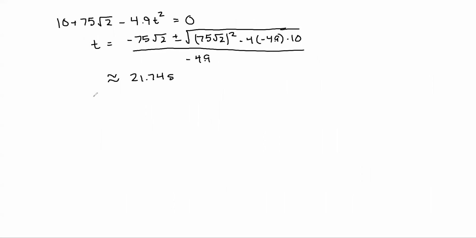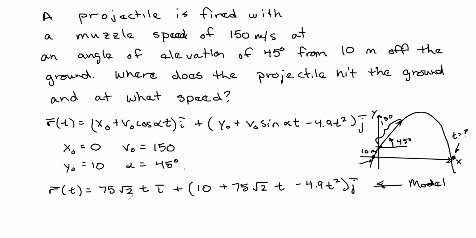Okay, so now once we have the time when the object hits the ground, we can use this portion of the vector to figure out what the x position would be.